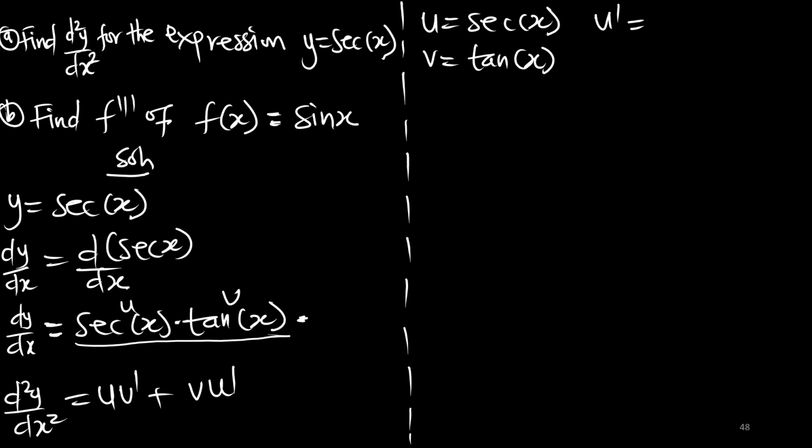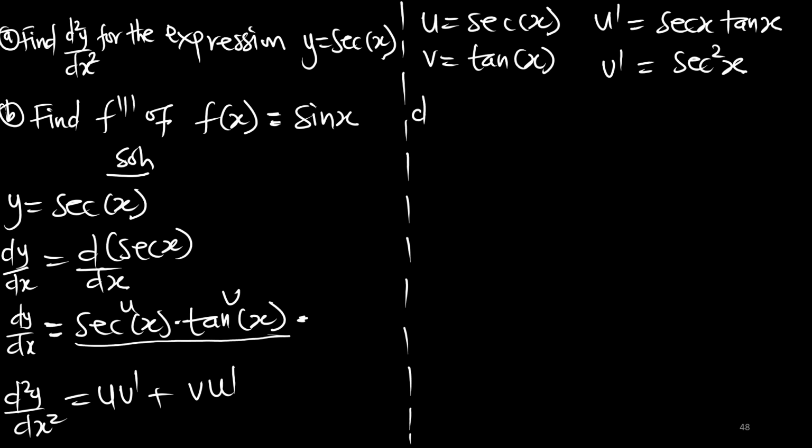Now the derivative of sec x, as we just did, is going to be sec x tan x, right? So we have u prime to be sec x tan x, then v prime, the derivative of tan x, is going to be sec square x.